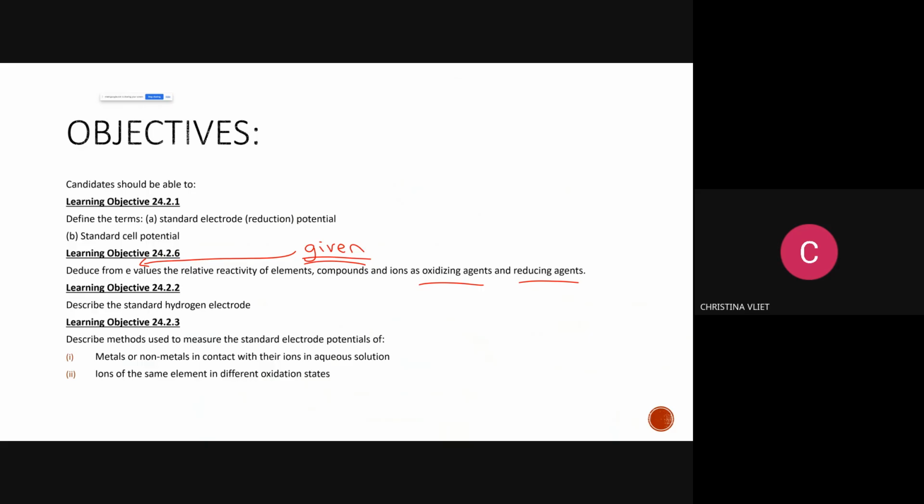You will need to be able to describe the standard hydrogen electrode. Including in this, you will need to be able to draw a diagram of a standard hydrogen electrode. In terms of description, they usually ask you to draw a diagram of it. And then finally, we're going to look at how we measure standard electric potential, like what is the actual experimental setup, when we have metals or nonmetals in contact with their ions in aqueous solution, or ions of the same element in different oxidation states.